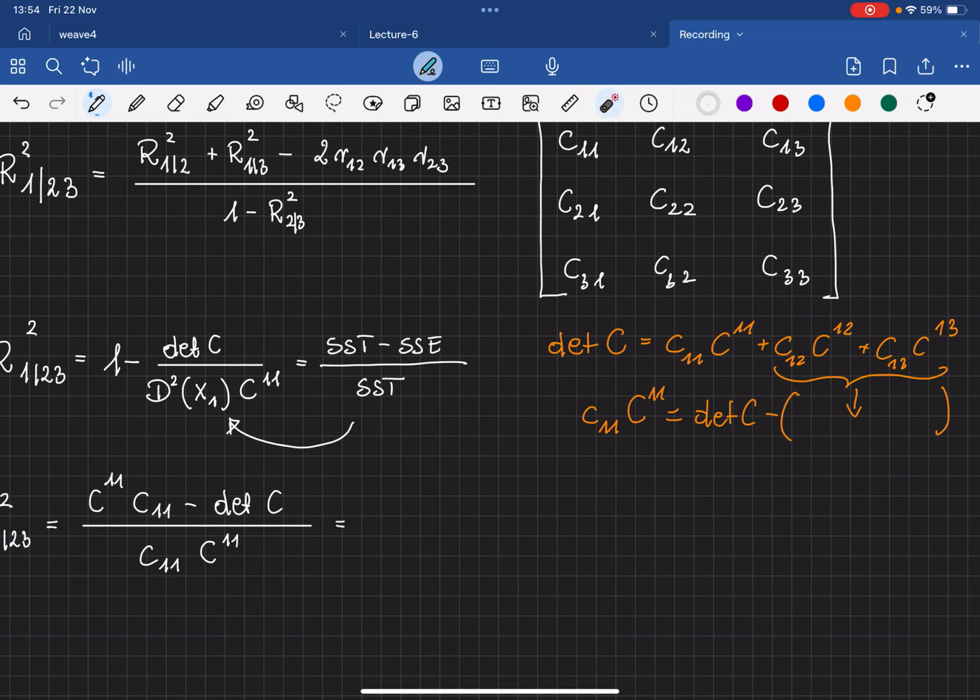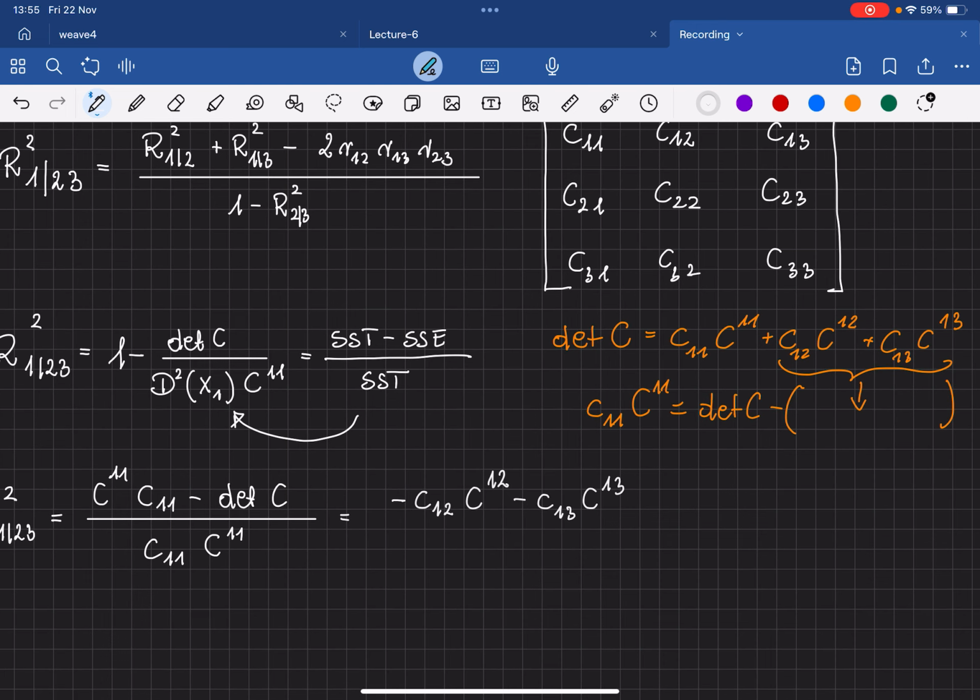Then the determinant of C cancels, and we are left with minus C12 algebraic complement 1,2 minus C13 algebraic complement 1,3, and then divided by C11 algebraic complement of 1,1.